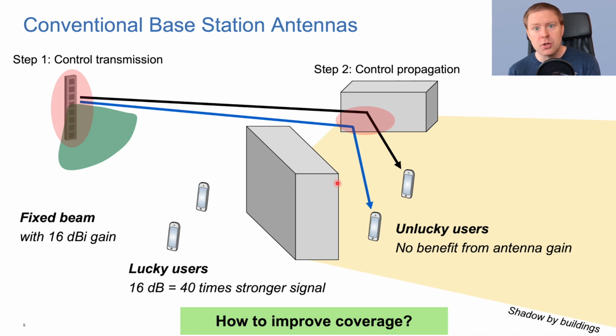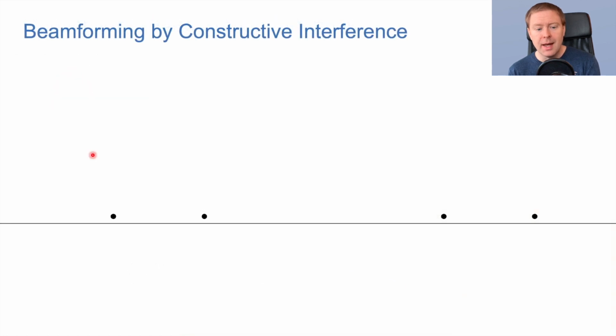But the new concept of reconfigurable intelligent surfaces is focusing on how to improve the propagation, and we will come back to this in the tutorial. And also when it comes to holographic massive MIMO, this is technology to put at the base stations. But let's start from the fundamentals and talk about how we are forming directive transmissions by constructive interference.